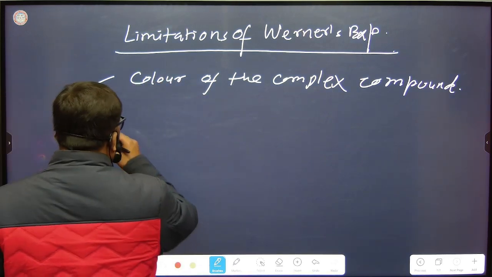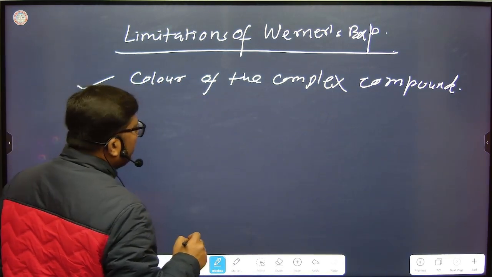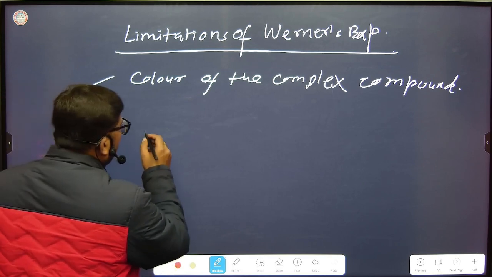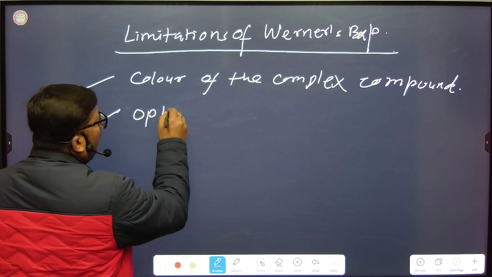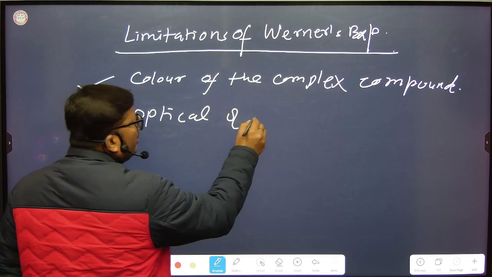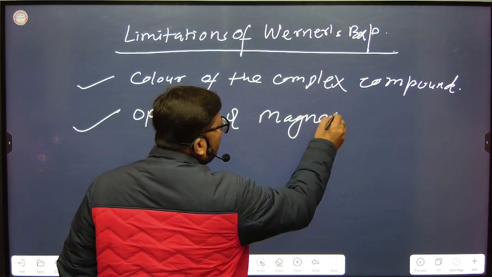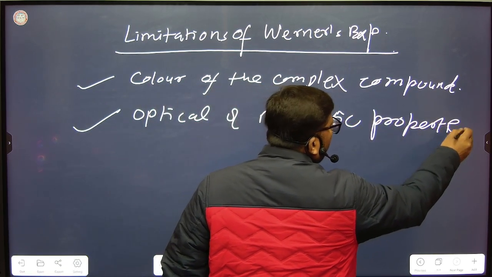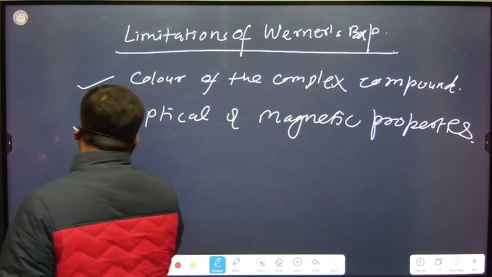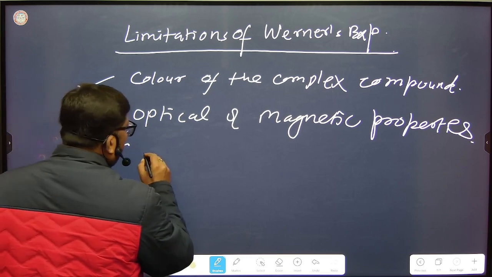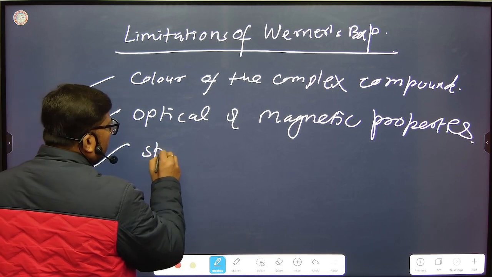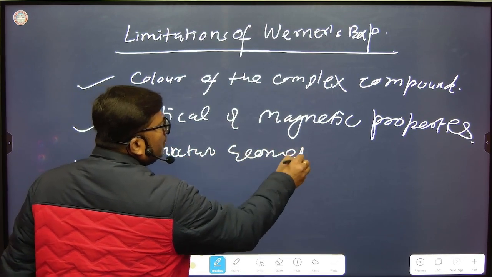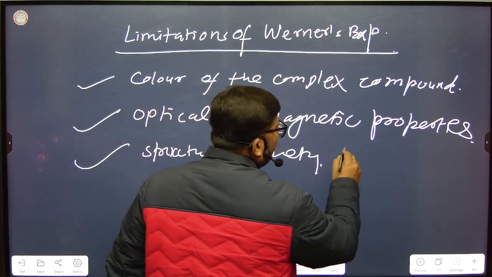And another property that he was not able to explain is optical and magnetic properties, right? And the third point is structure, geometry, like isomerism.